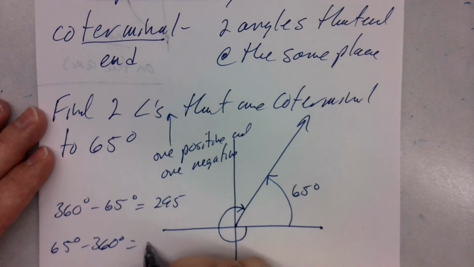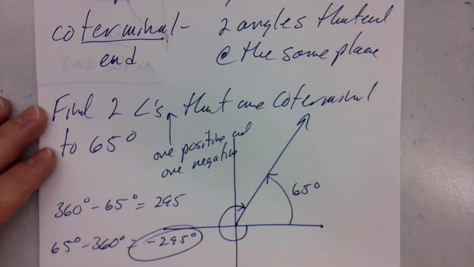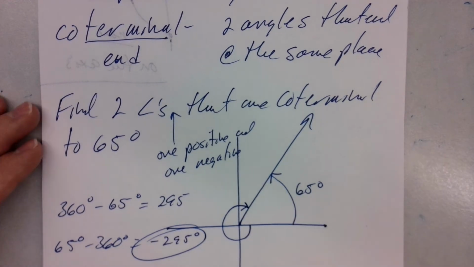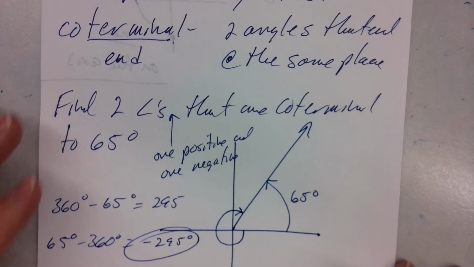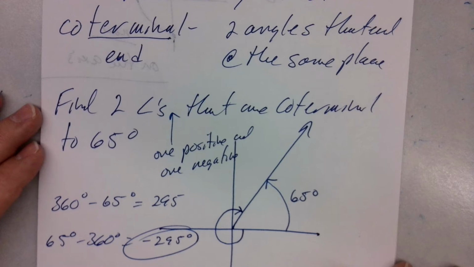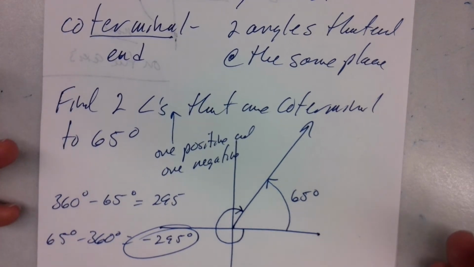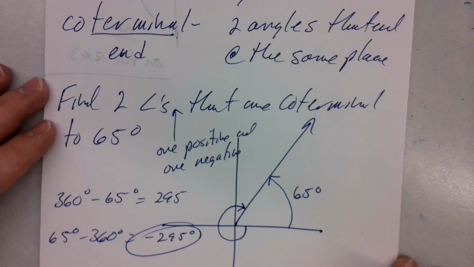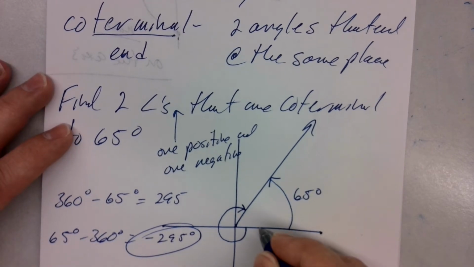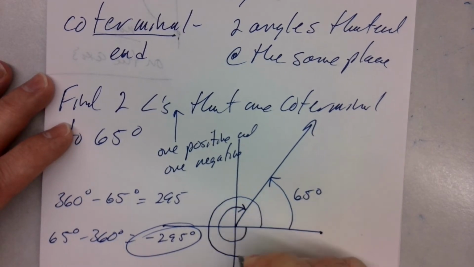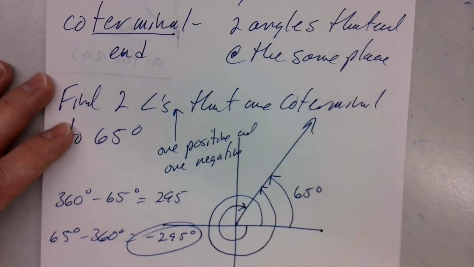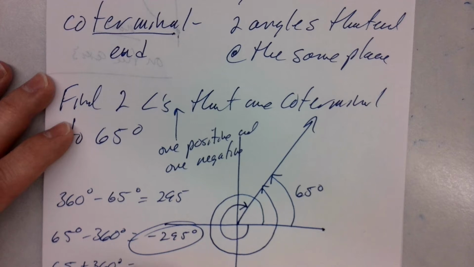And that's going to give me negative 295. And that's one of them, right? Now, how am I going to find the other one? I want one positive as well. Isn't it 65? But it's got to be different than 65. Add 360. Yeah, I'm just going to go around once and then back at it. So now I'm going to take 65 and add 360, and that's going to give me what?